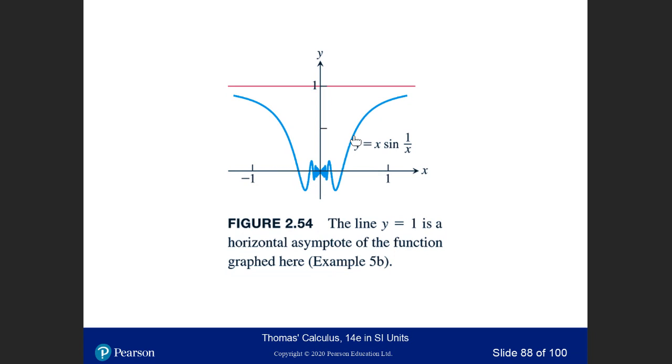As you see from the graph, this function approaches the line y equals 1 as x goes to plus infinity, and y equals 1 as x goes to minus infinity. So the horizontal asymptote for this function is y equals 1.